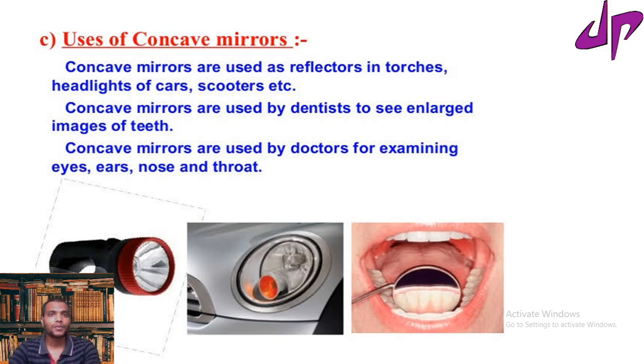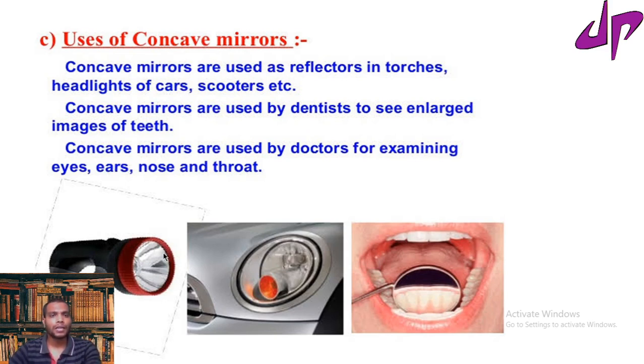Let us discuss the uses of mirrors. Plane mirrors we already know, we use them to see ourselves, but concave and convex mirrors are both spherical mirrors. They have special advantages. Concave mirrors are used as reflectors in torches and in headlights of cars and scooters.